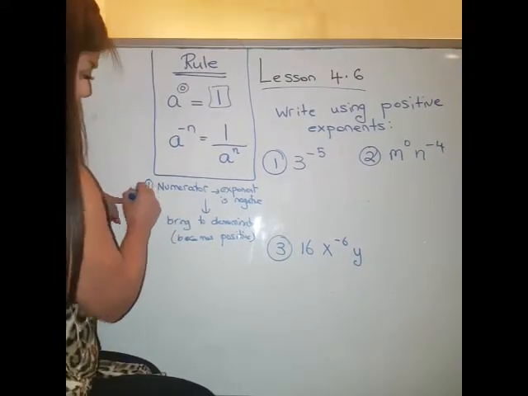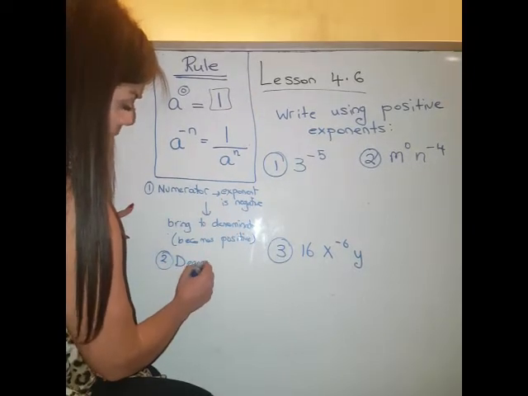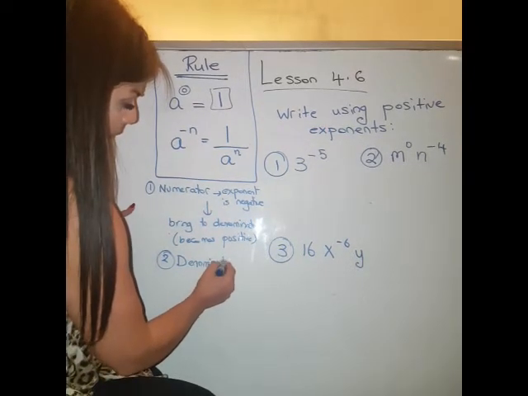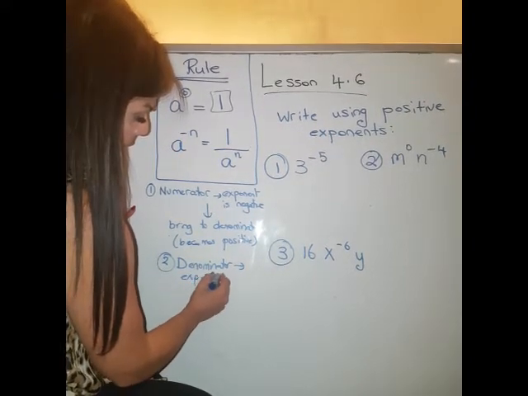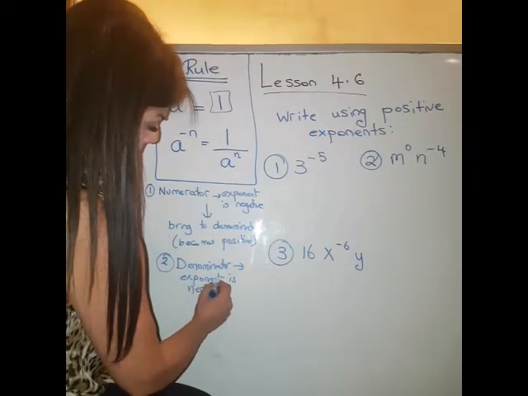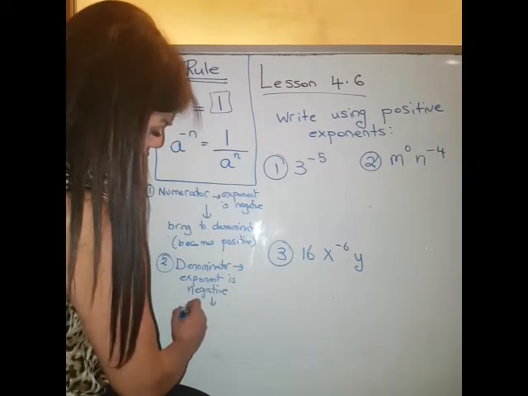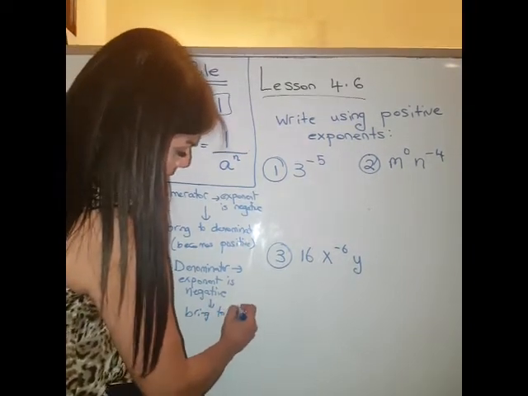This is number 1. Number 2, if it's in the denominator and the exponent is negative, bring it to the numerator.